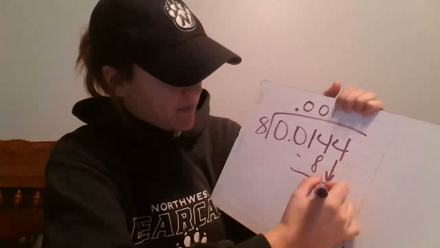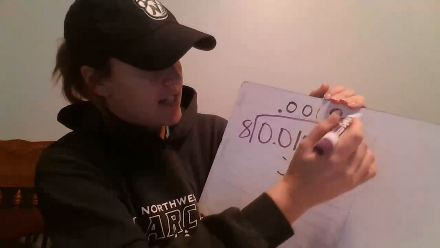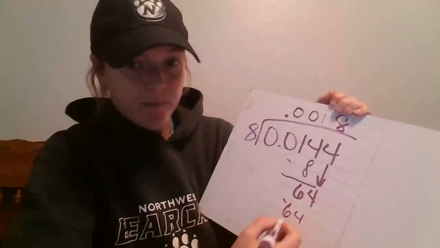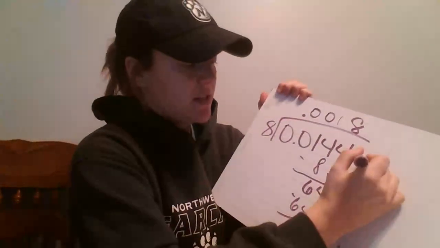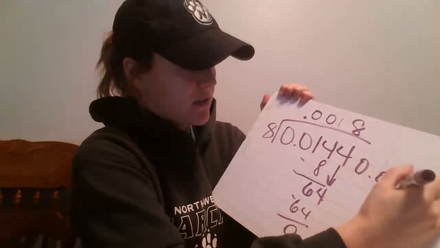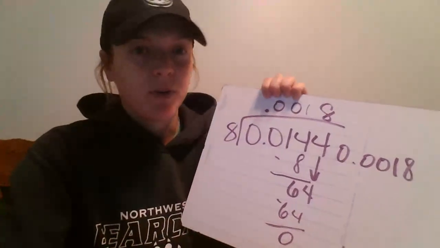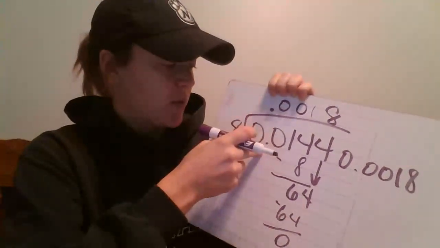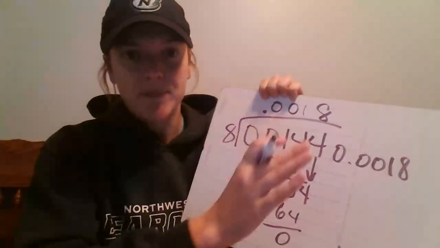Bring down my 4. 8 goes into 64 8 times. We know that's 64 and 0. Okay, so our final answer is going to be 0.0018. Okay, so remember, when you're dividing decimals, move your decimal point up the first thing so you do not forget about it. Okay, just move it up.